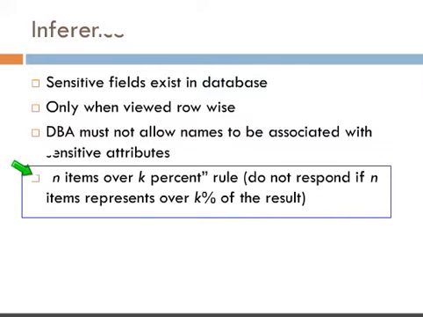So this rule says if the response of a query is n items, for example n records, and represents over k%, for example 70%, 90%, you can define this, of the result, then do not respond. The query will not be run, and the user cannot see the response.